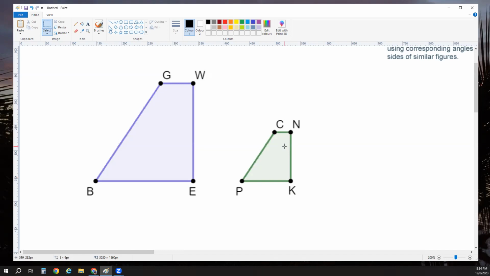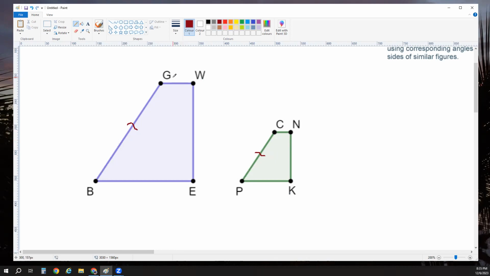And then our corresponding angles are, well, I guess I could mark these up a little bit. I'll use this color here. So that one is similar to this one here.